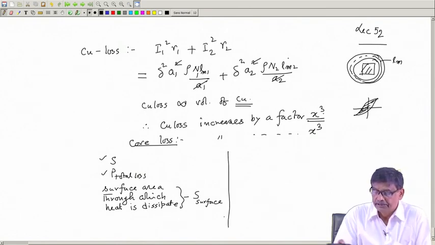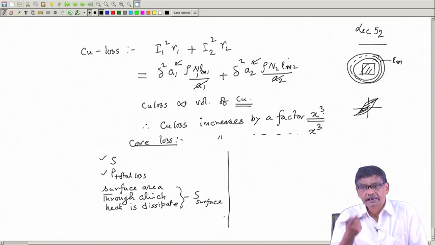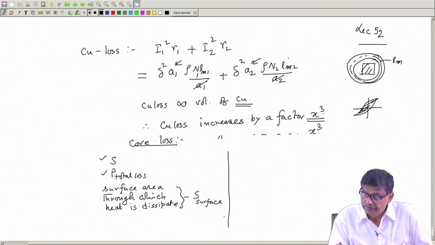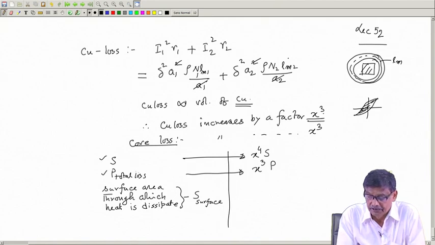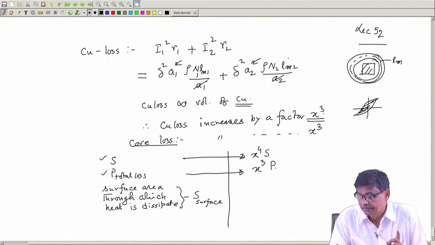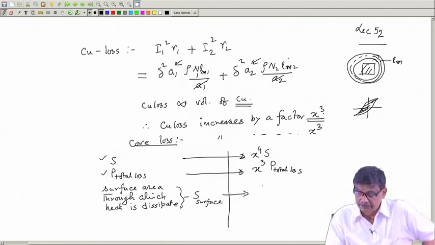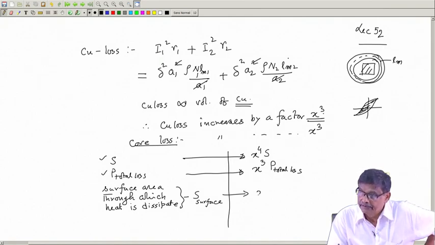Now, if you increase the linear dimensions by x times, the KVA rating will become x to the power 4 into S. Total loss will become x cube into P total loss, and your surface area will increase by a factor of x square, S surface.